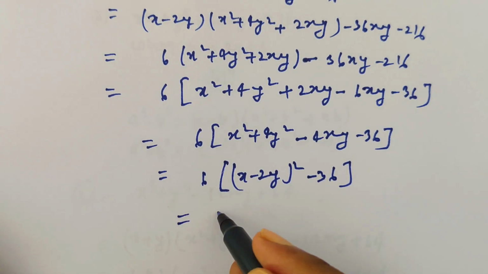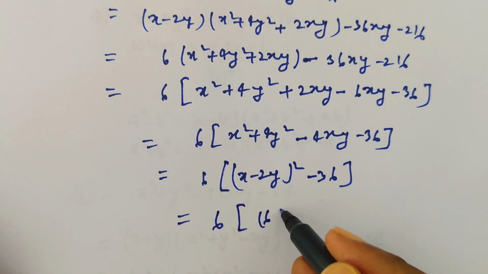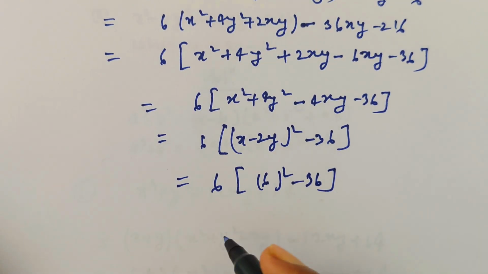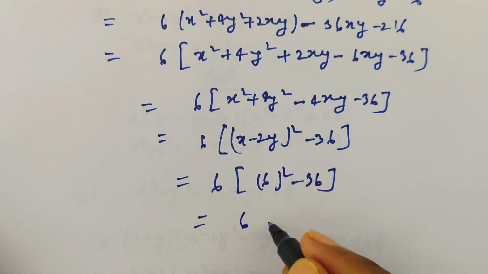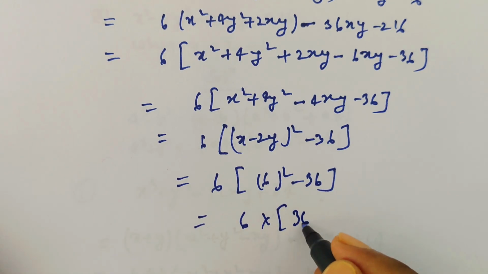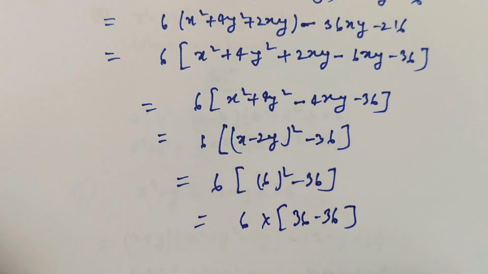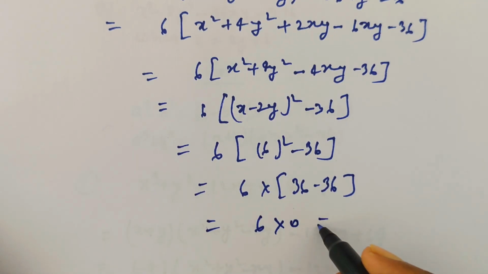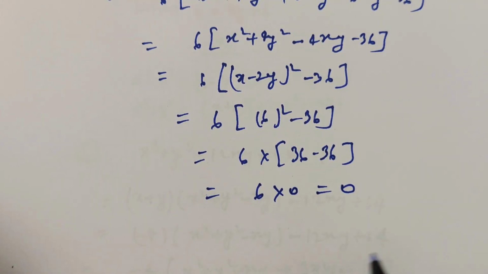So again you can write 6 into 6 whole square minus 36, which equals 6 into 36 minus 36. Again it comes to 0, and 6 into 0 is 0. So 0 is also the answer for the second question.